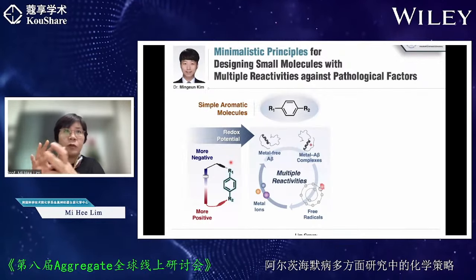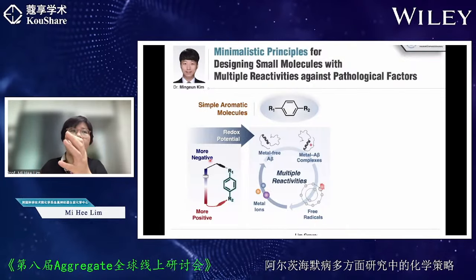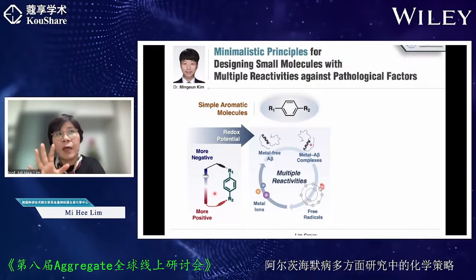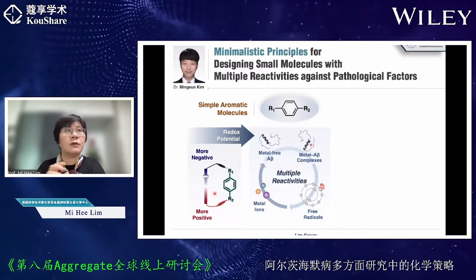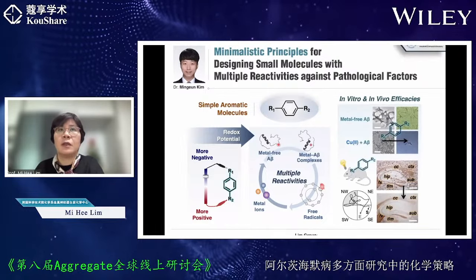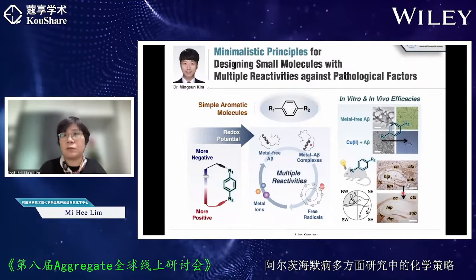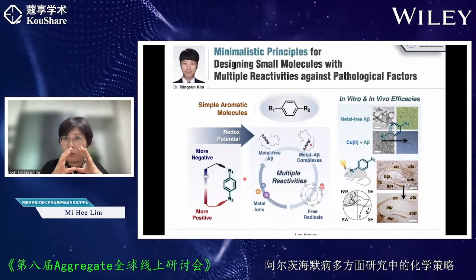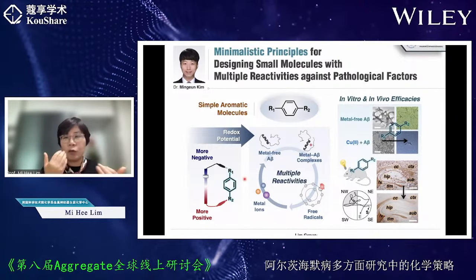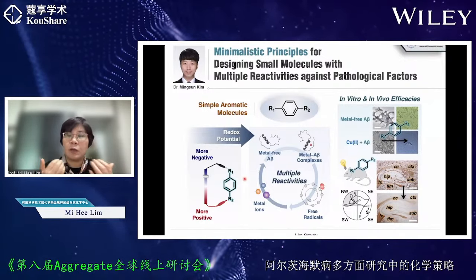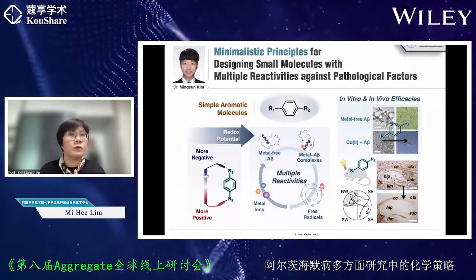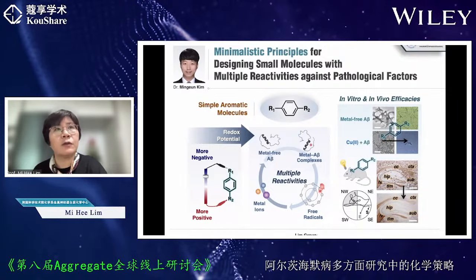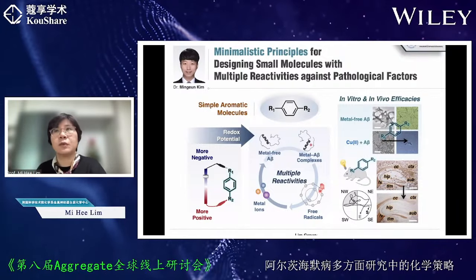Then, if the redox potential is right there, in vitro and in vivo efficacy is on. So it is very simple: a small, required minimum structure, and then you change some redox potential chemical property, and you will be able to achieve such reactivity as well. So we generated various small molecules based on this principle.